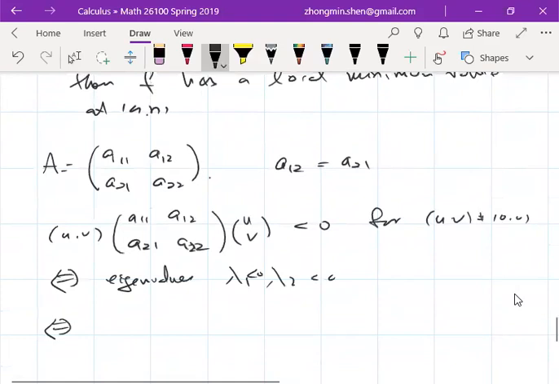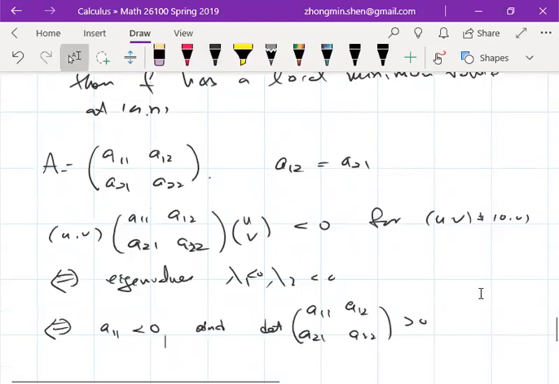If and only if A11 is negative and the determinant of the matrix is positive.